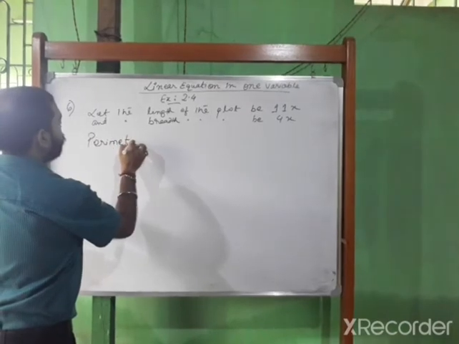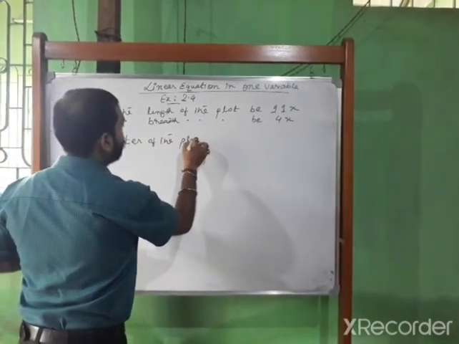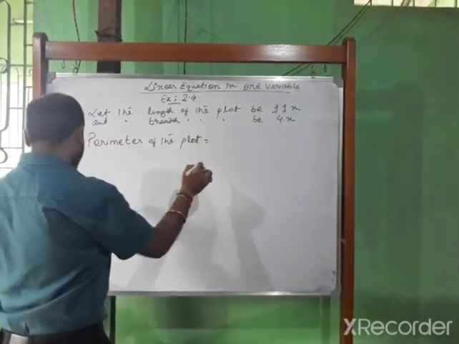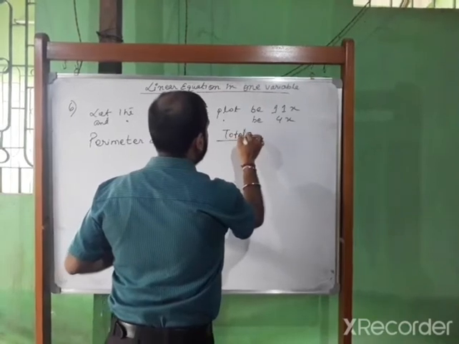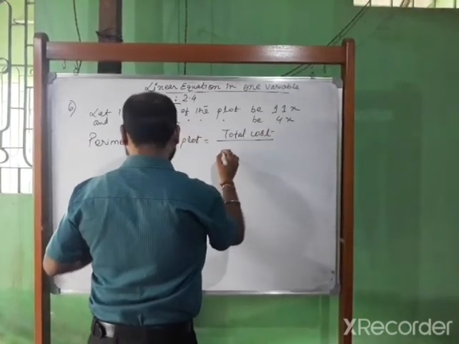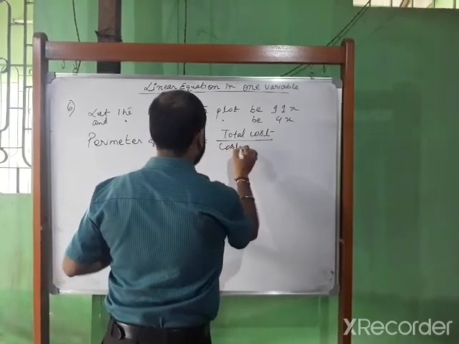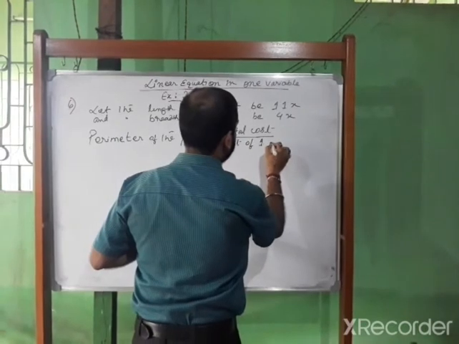Perimeter of the plot is equal to total cost divided by cost of 1 meter.